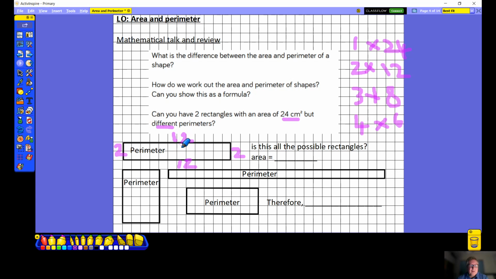Yep, that's right. So 12 plus 2 is 14, multiplied by 2 is 28. Can you have two rectangles with an area of that but different perimeters? What do you think?